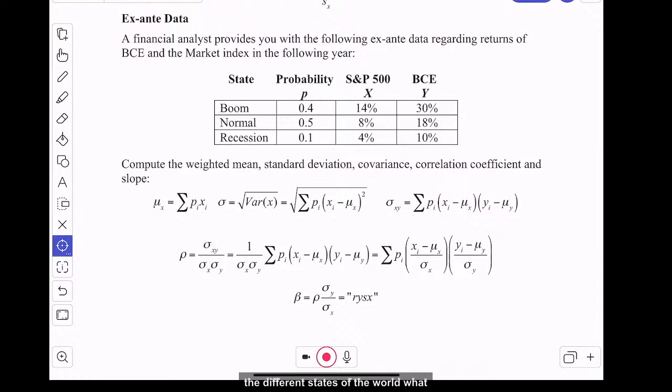It tells you the different states of the world, what can happen, and the chance of it happening. The most likely in this analysis is the normal state. And this was determined by using historical data, some information about expectations, some economic forecasts, and these numbers were derived.